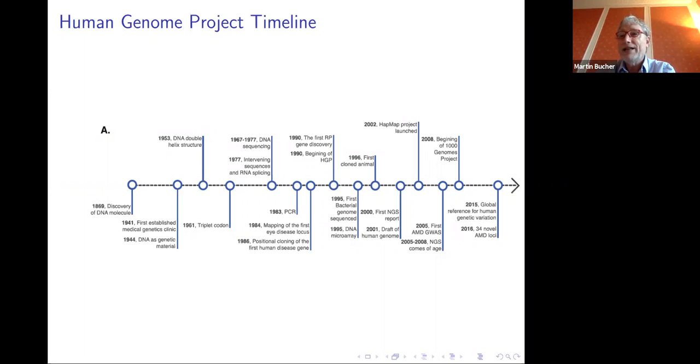And then the other thing you might ask is, well, not everybody's the same. So what does that mean? Well, once you have some average or reference genome, you want to know what the differences are. So there was this 1,000 Genomes project, which was completed.